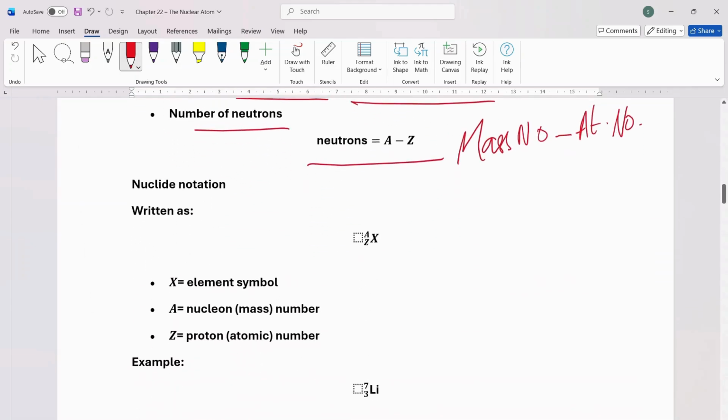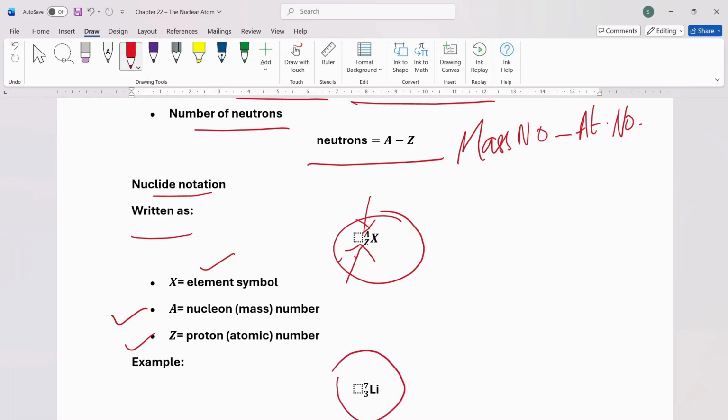Now we have nuclide notation written in this form. Above is A, which is the mass number, and below you will find Z, which is the atomic number. X is the element symbol, A is the nucleon mass number, and Z is the proton atomic number. We have an example of lithium, Li.